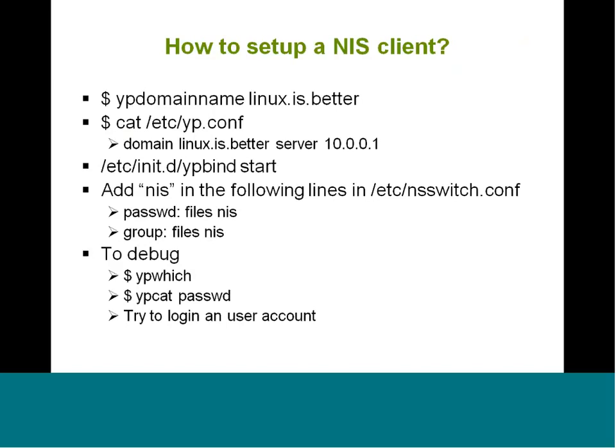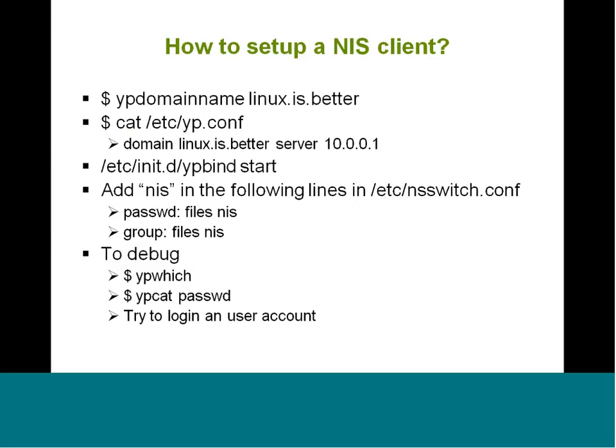So here is just a sequence of commands that you can try on your machines, which is to set up the YP domain name called linux.ease.better, and then you configure the config file, which is yp.conf, and then you do the ypbind start.